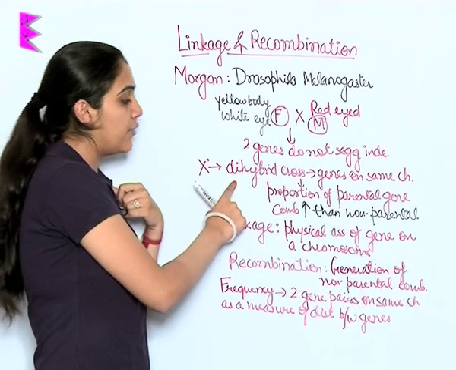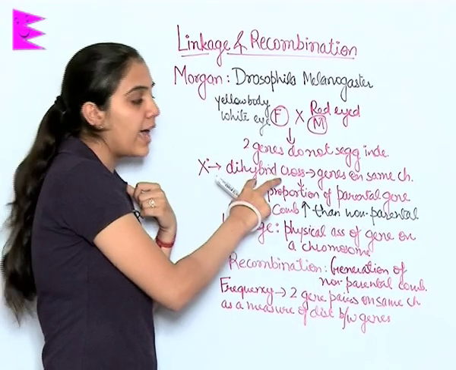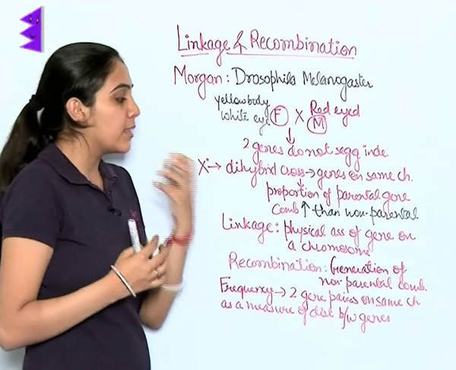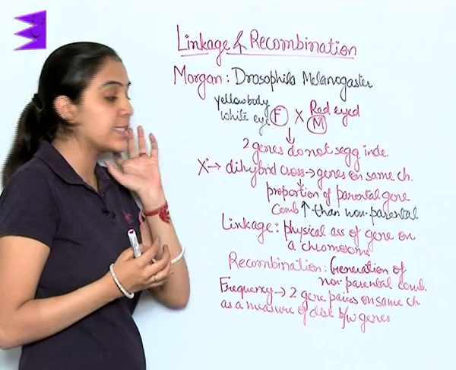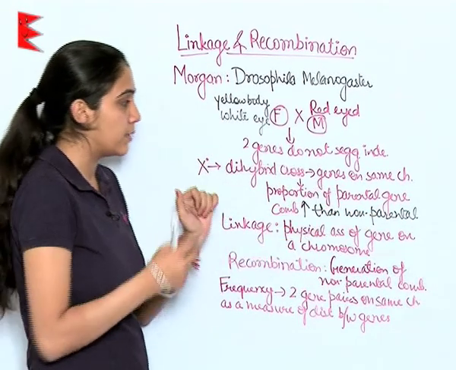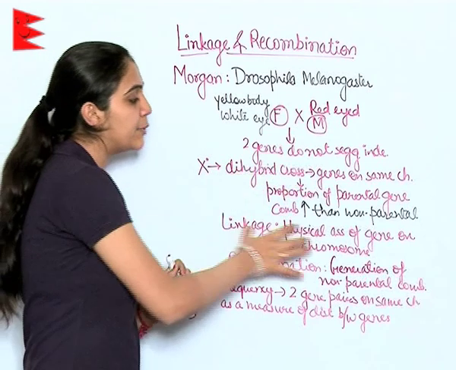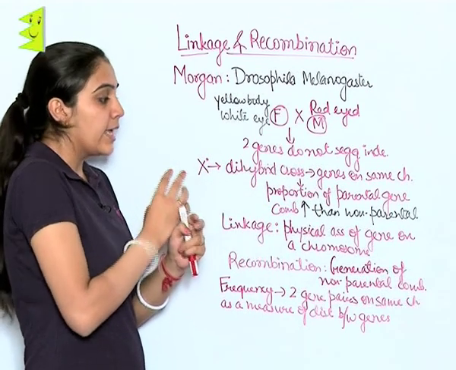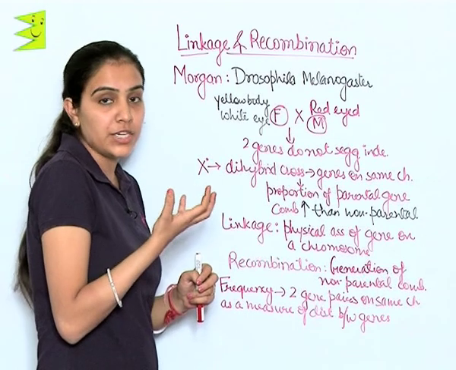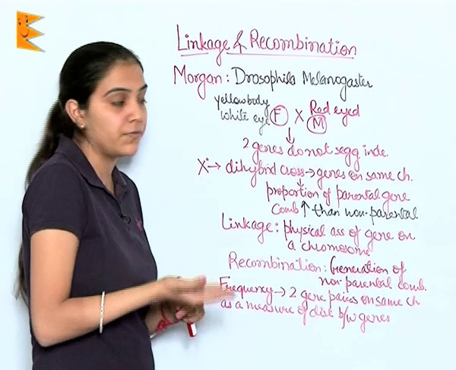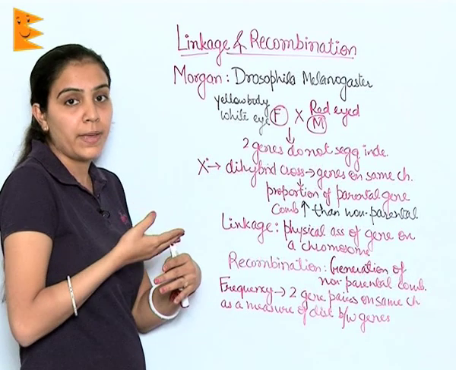So, he found that in a dihybrid cross, when genes are on the same chromosome, the proportion of parental gene combinations is higher than the non-parental combinations. So, he came to know that if two genes are closely located, then the proportion of parental gene combinations will be higher than the non-parental ones.